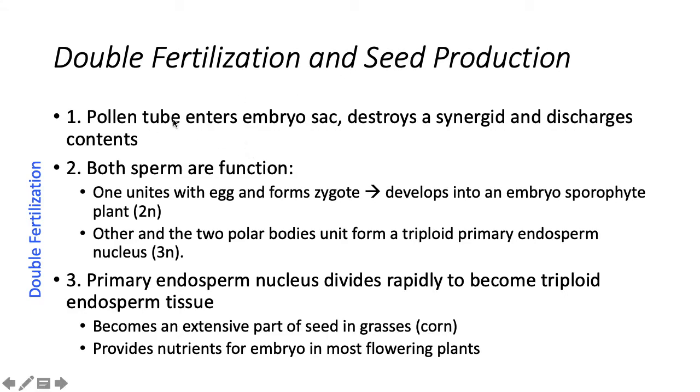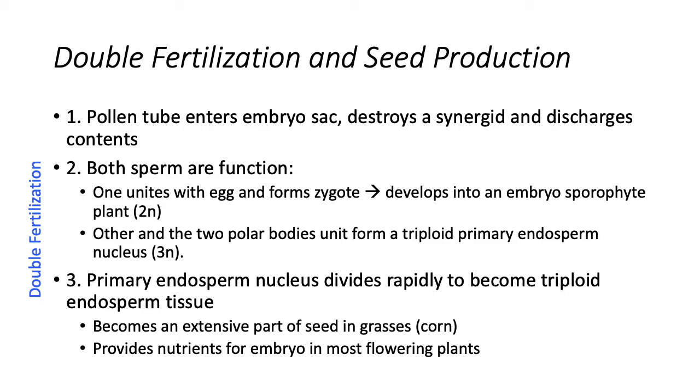Eventually the pollen tube is going to enter the embryo sac inside the female gametophyte, destroy the synergids that are hanging out by the micropyle, and then discharge its contents.